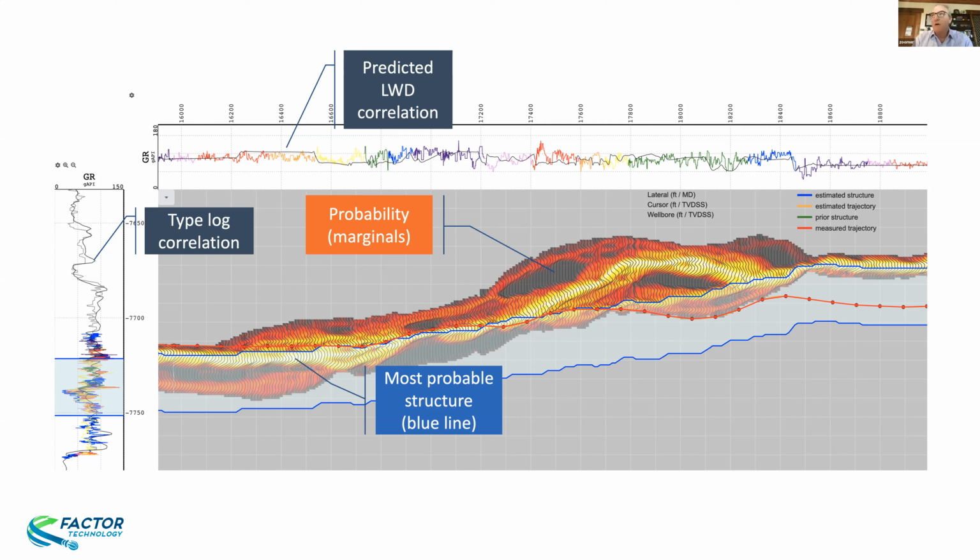So this is by way of showing that we automate the process, but we also give you information that you can use. We clarify the choices so that you can apply your judgment and use quantitative probabilities to make your choices.